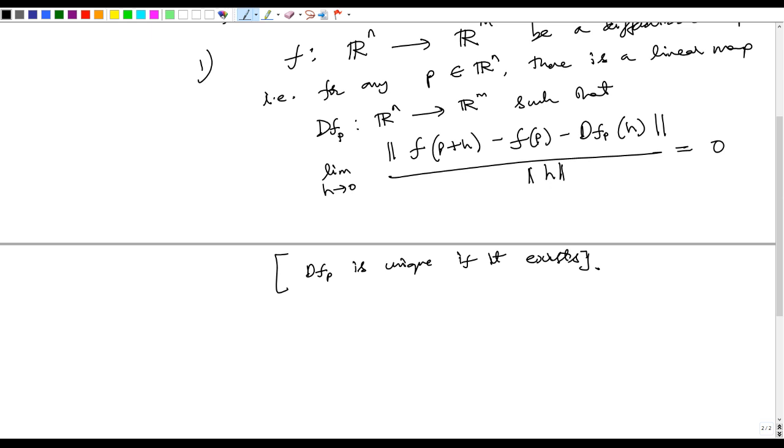In other words, we know that there is a matrix for maps from R^n to R^m. So what is the size? R^n to R^m, it's m cross n. Yes, an m cross n matrix.